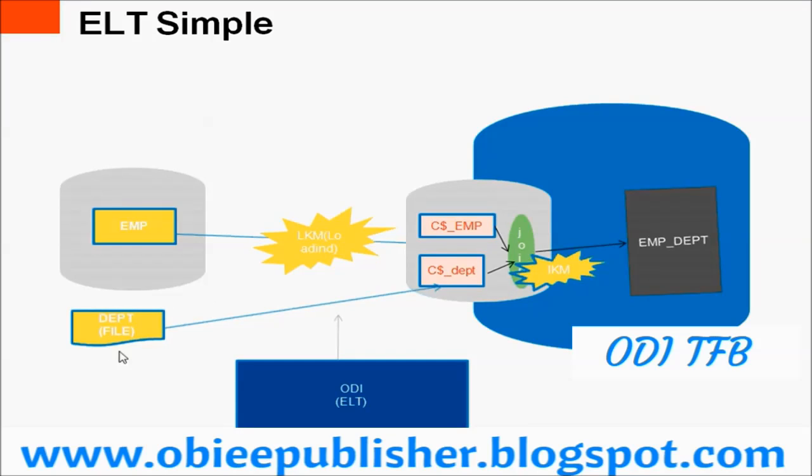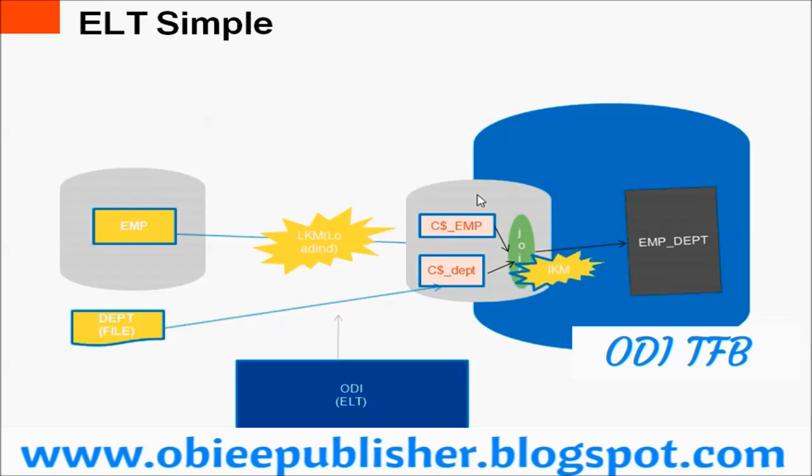Then it will also take data from the department file and dump it onto another temporary table. Again it is a table here. Once the data is dumped in, the employee data and the department data are both in tables in a temporary place.